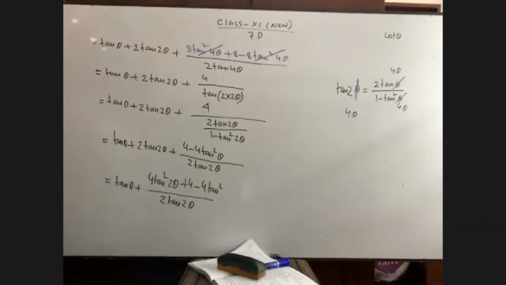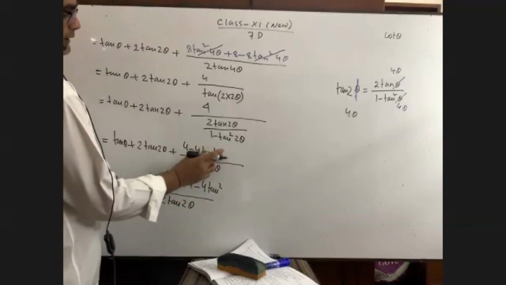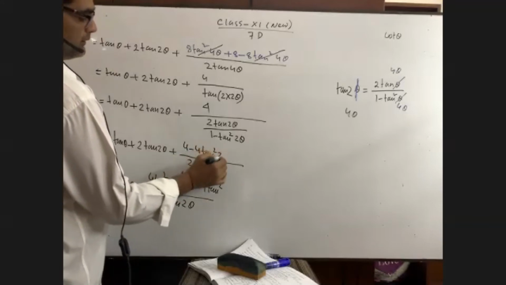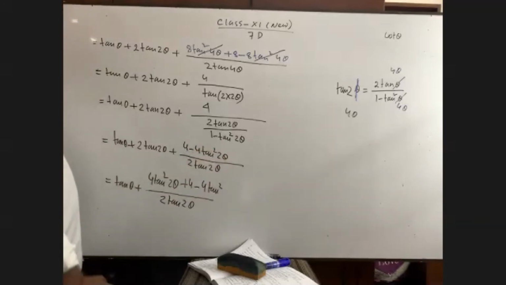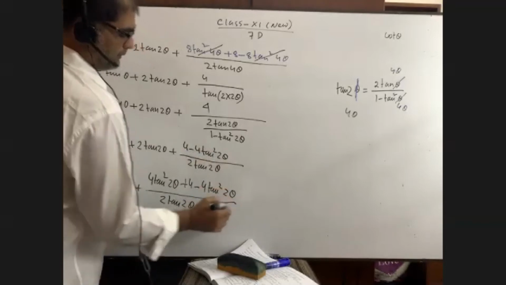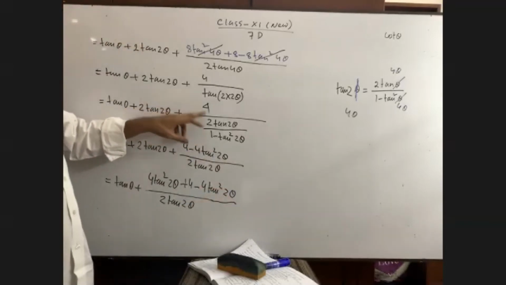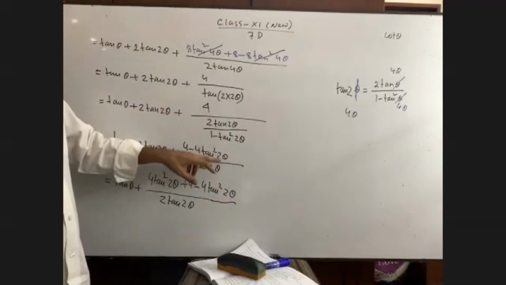It is written tan theta. Okay, so it will be 2 theta. Make it 2 theta. 4 tan square 2 theta. If we multiply 4 into 4 minus 4 tan square 2 theta, it is 2 theta.